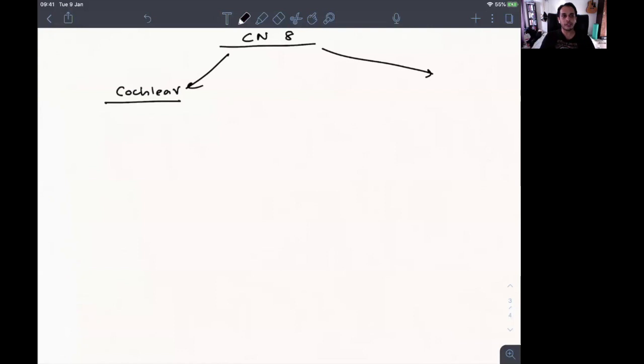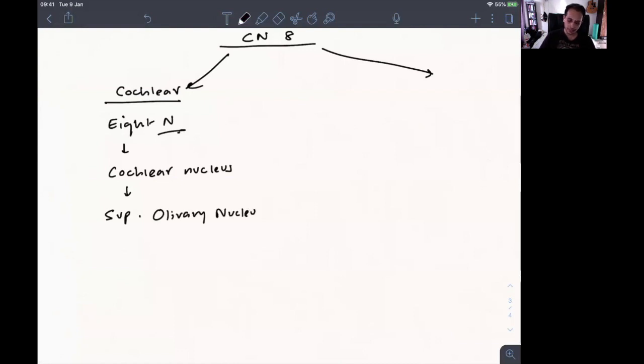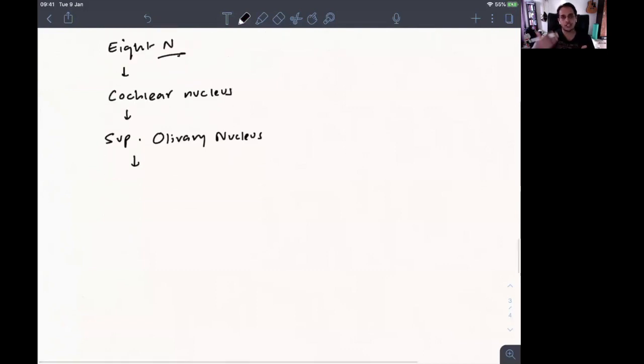So the cochlear part of cranial nerve 8, the structures that it will pass through: the 8th nerve will lead to the cochlear nucleus in the brainstem. Then from the cochlear nucleus, it will go to the superior olivary nucleus. From the superior olivary nucleus, there is a structure called the lateral lemniscus.